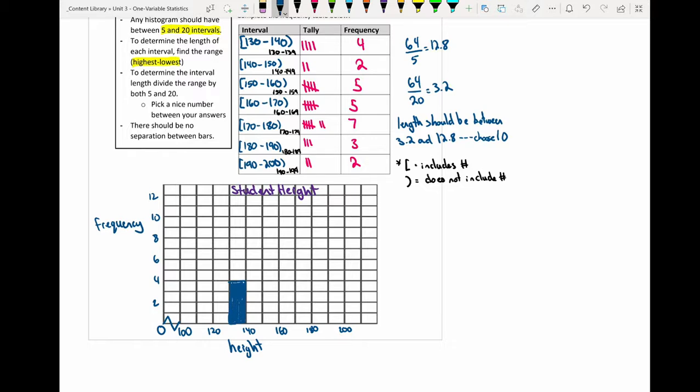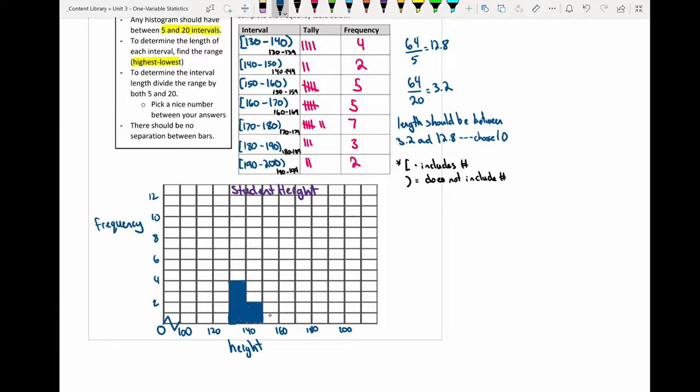Our next interval is from 140 to 150, and it's 2. So that's going to go here. The thing about histograms is that there is no space in between the bars. You can argue that this is because the data is continuous, so it's kind of an interval or a range. There's no separation between them.